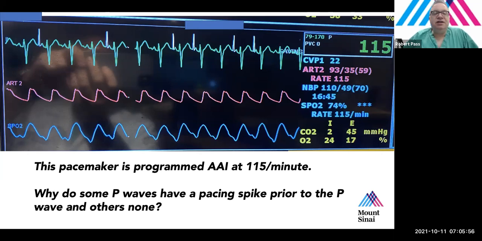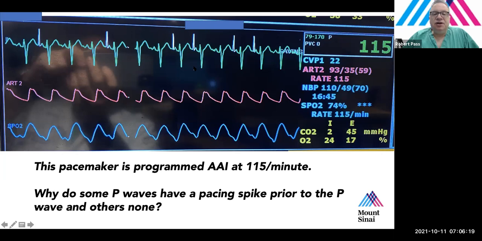So this is a nice demonstration of how there is capture of the atrium, because we clearly see a very nice P wave following every pacing spike. But sometimes people get fooled when they see pacing spikes. They make the equivalency of a pacing spike to capture, and they are not the same.